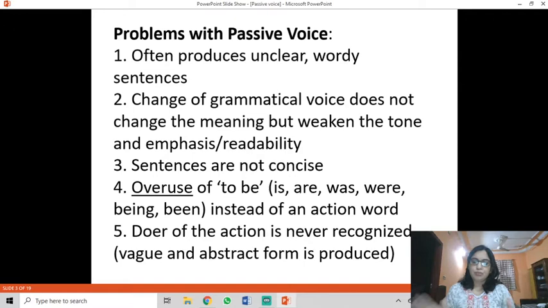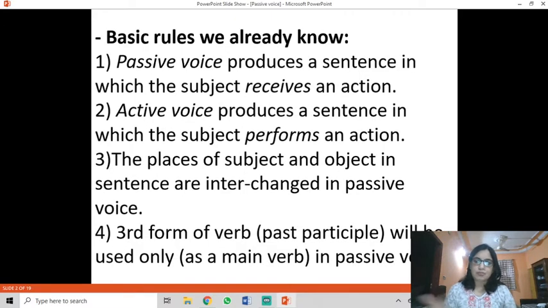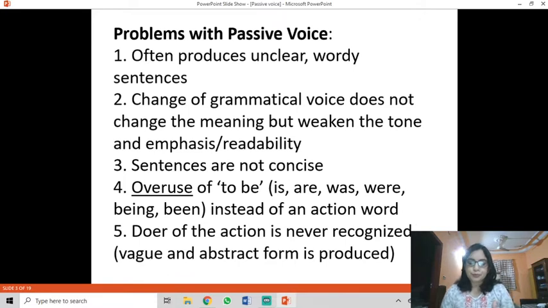So, these are the basic rules. I'm sure you have done it at school level, at college level, but there are some problems. The passive voice only produces unclear and wordy sentences. You are just changing the primary position into secondary and secondary position into primary unnecessarily. The change of grammatical voice does not change the meaning, but it weakens the tone, emphasis and readability.